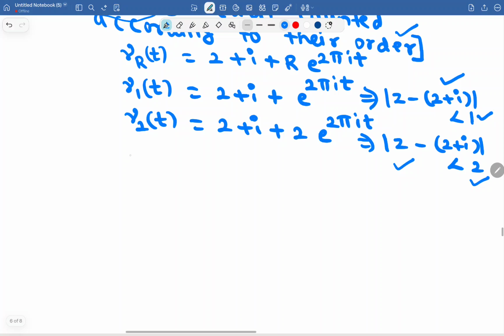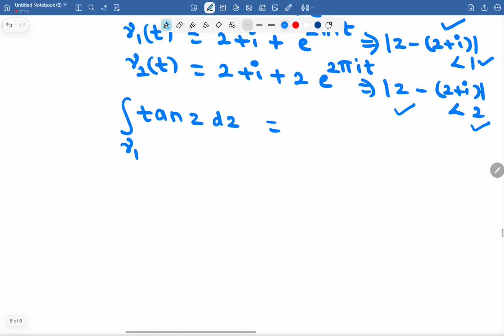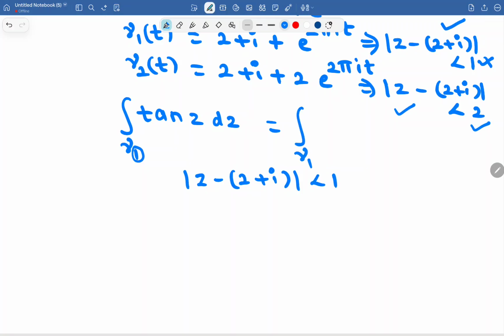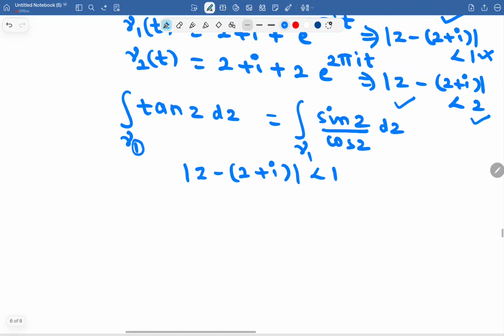Now the integral over gamma 1 of tan z dz. Here the radius is 1. I am going to use the first one, modulus of z minus (2 plus i) less than 1. Tan z can be written as sin z by cos z dz.